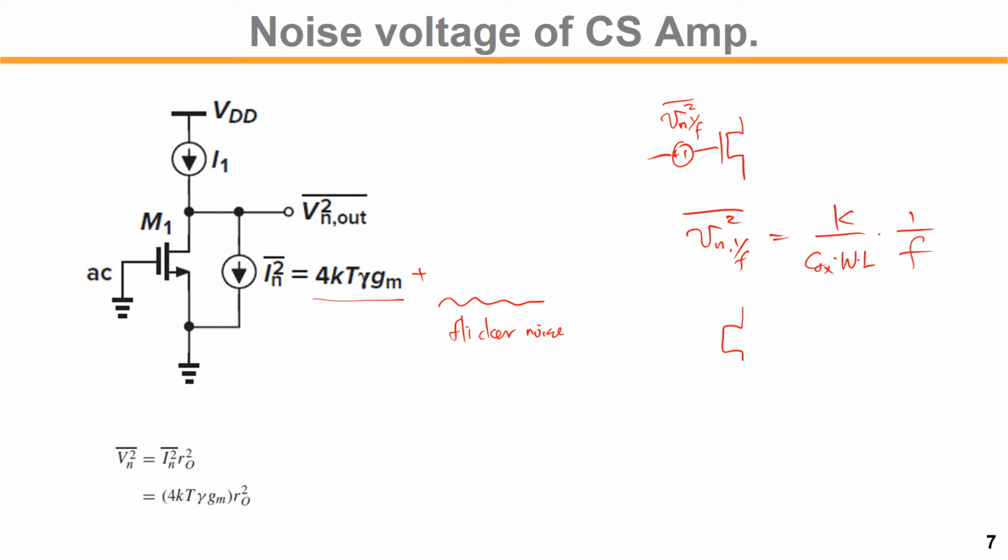If you move that to current representation, that would be Vn 1 over F squared times GM squared, so K over COX W times L, times GM squared, times 1 over F, right?